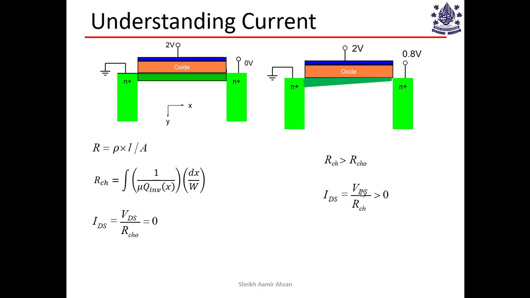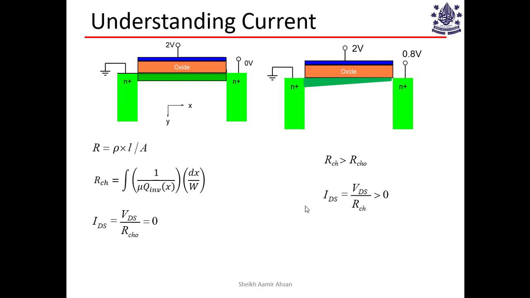But what happens as you increase VDS? As you increase VDS, RCH also increases, because this inversion charge towards the drain end reduces. Therefore, the overall channel resistance increases. So as VDS is increased, channel resistance also increases.